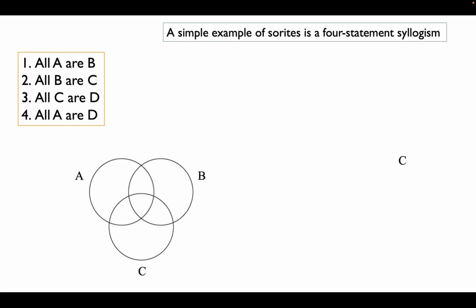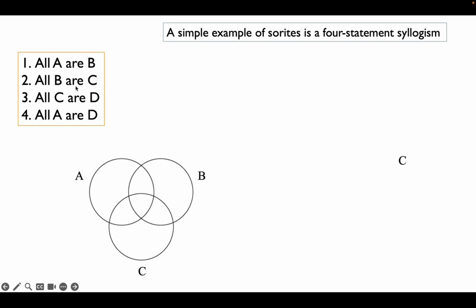So how do we test a Sorites? Same story, we have 3 Venn diagrams, and what's important is that we label the premises. So we label A, B, and C. Now remember that what we're trying to do here is to diagram the premises.